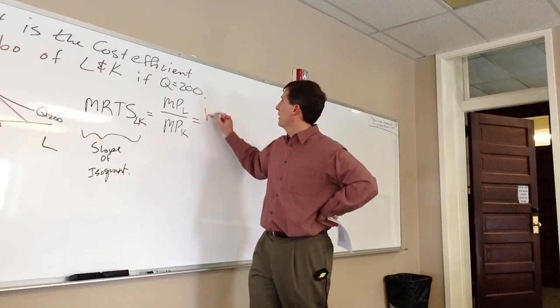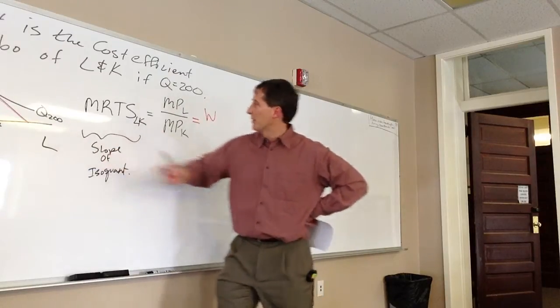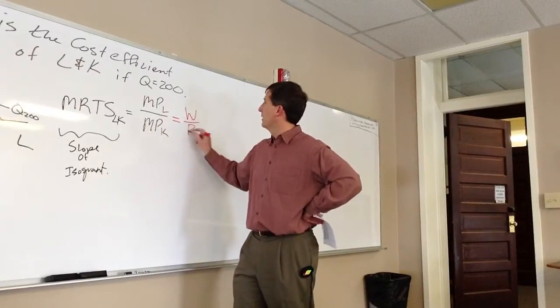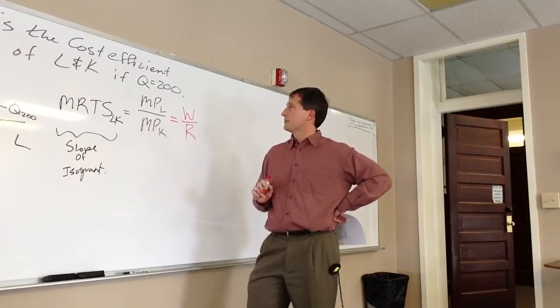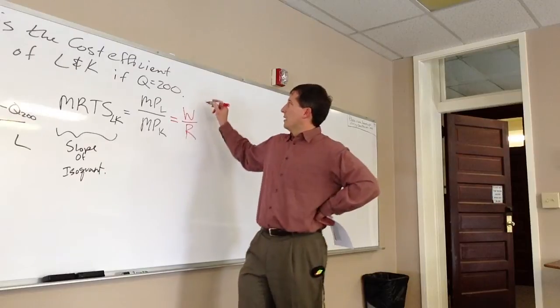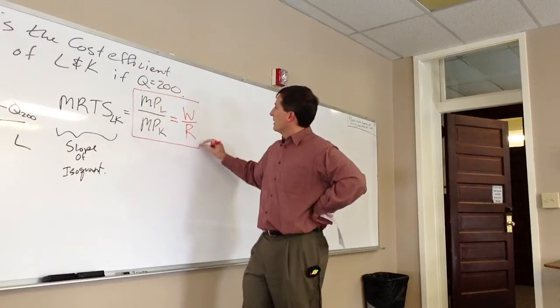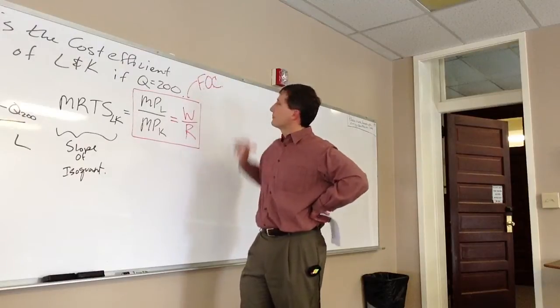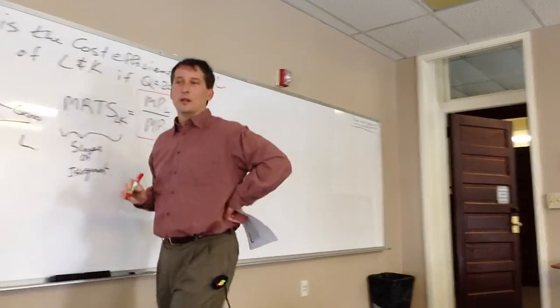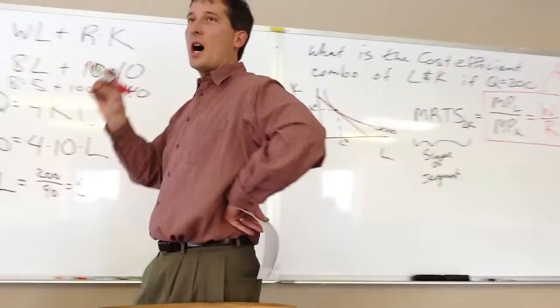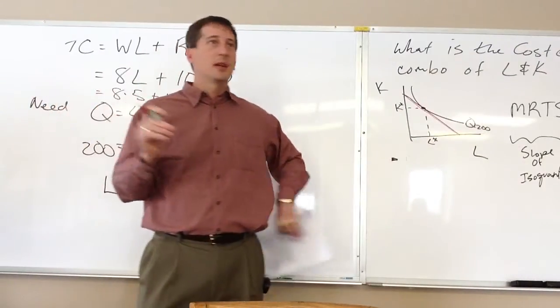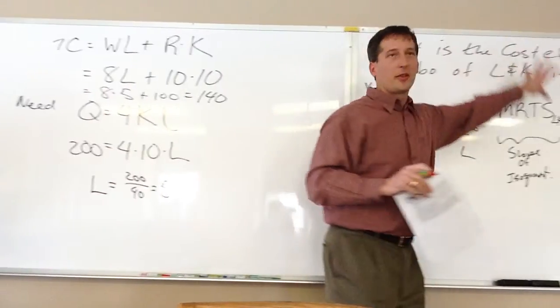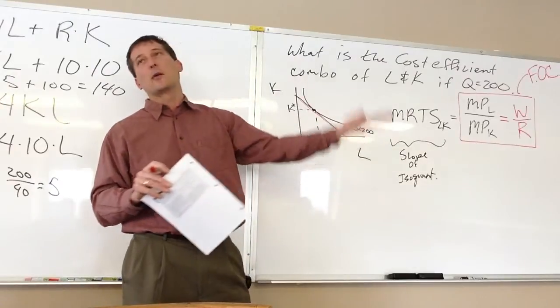The wage, which matches the same thing of whatever we're measuring down there over the rental rate. That is called the first order condition for cost minimization.